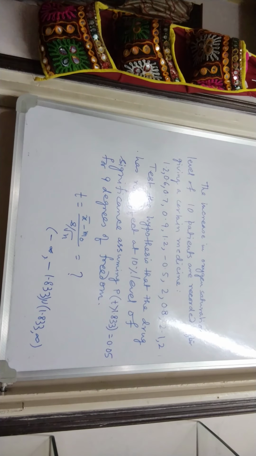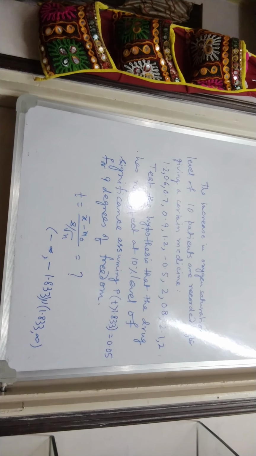If it does not lie within the critical region, we should accept H naught, which states that the drug has no effect for rationalizing the effect on oxygen saturation level. I hope I have been able to make you understand.